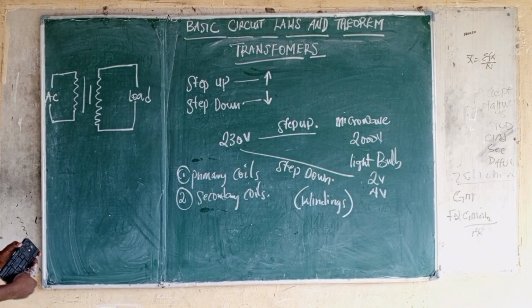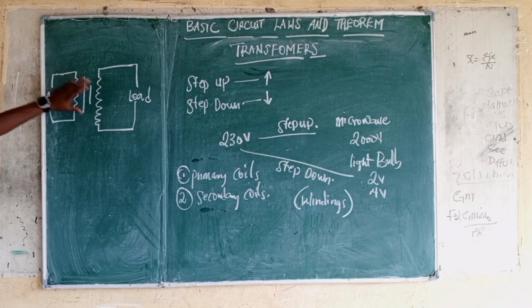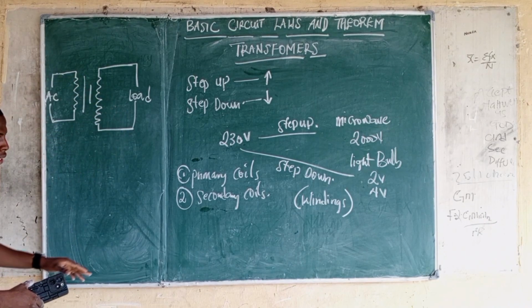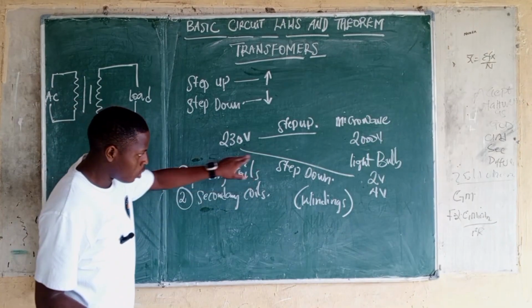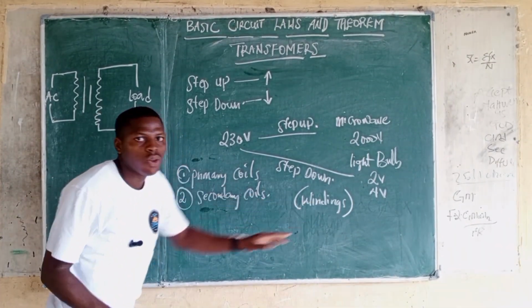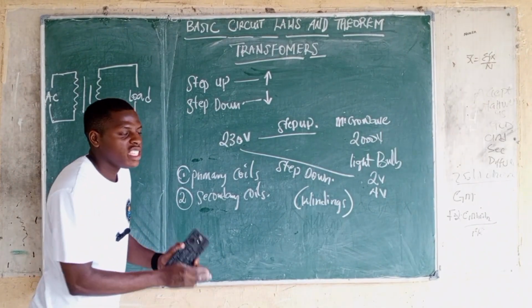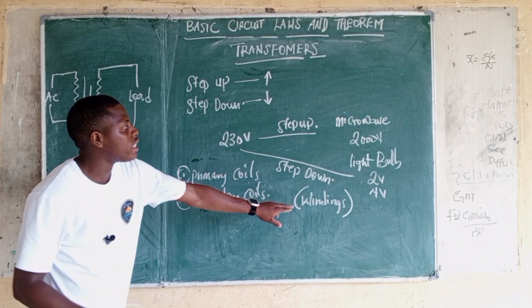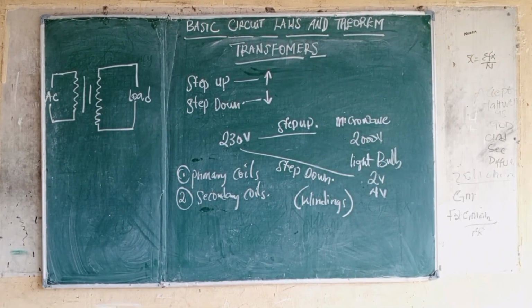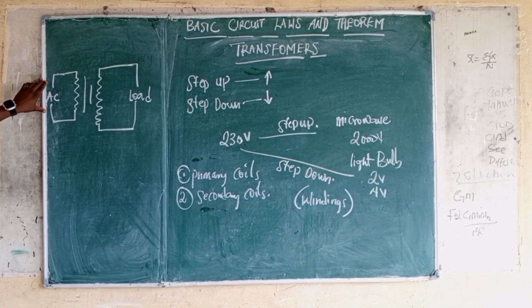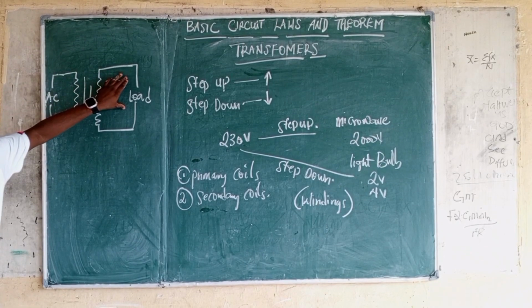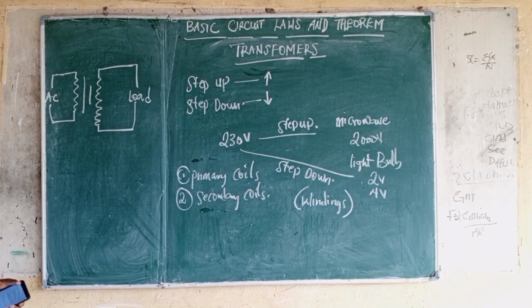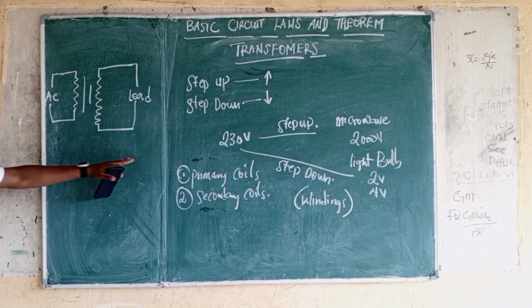So how do you identify your primary winding and your secondary winding? I told you your primary coils or primary windings are those sides connected to your AC source, while the secondary are those windings connected to your load. So you can see that in this transformer, this part is connected to your AC source, and this part is connected to your load.